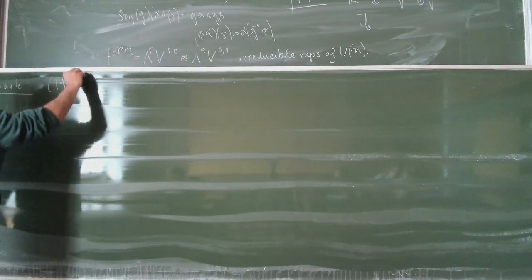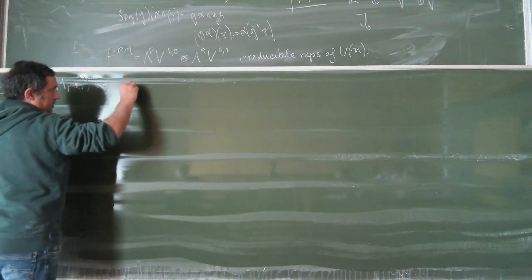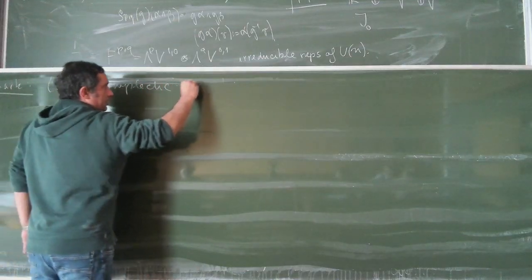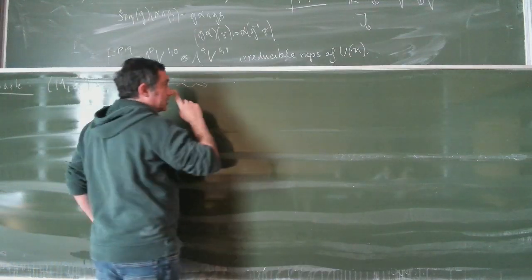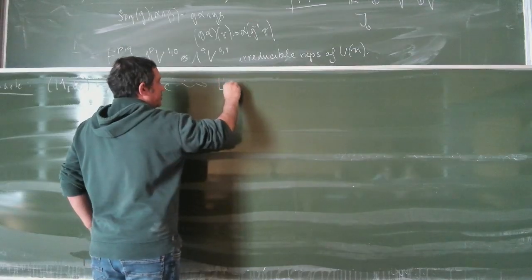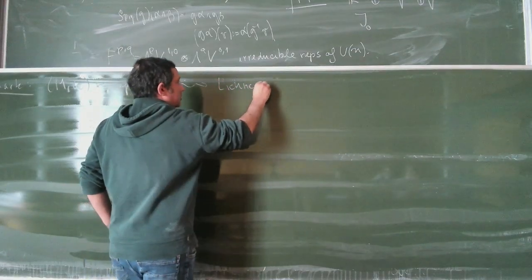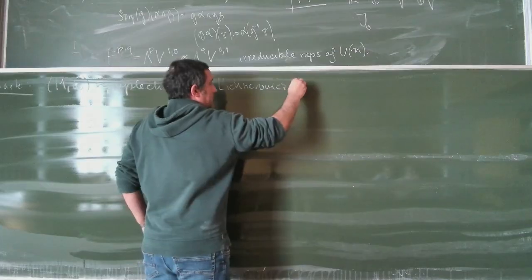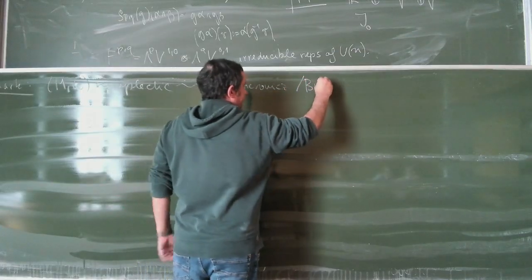So if (M, omega) is symplectic, one can look at Lichnerowicz and Brylinski.